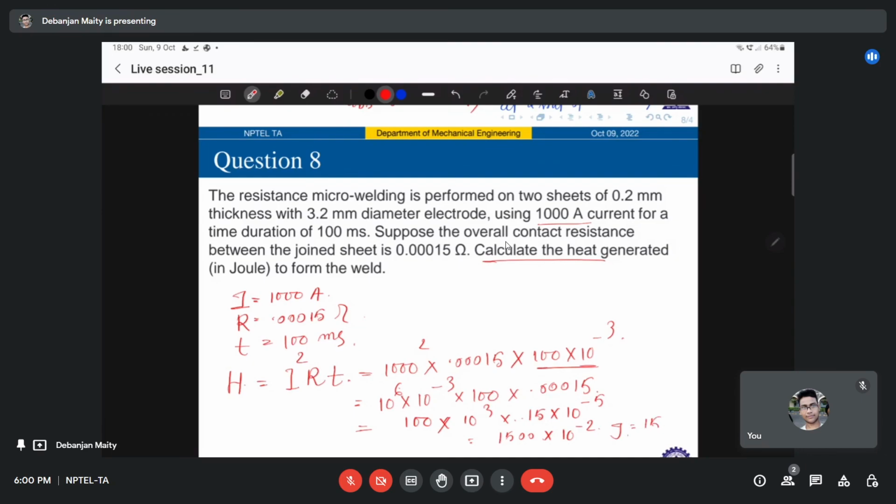Which is coming as 15 joule. So the heat generated to form the weld is 15 joule.